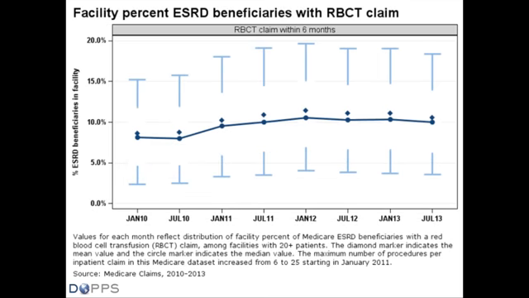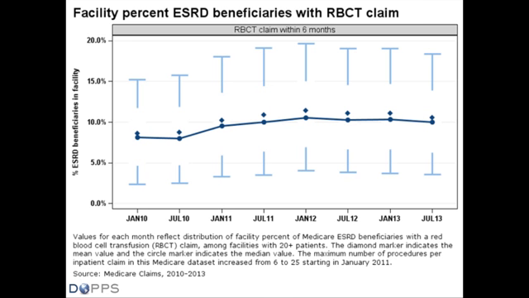At the facility level, again here, the circles connected by a line represent the median facility, corresponding to 50% of facilities having values above or below this number. In January 2010, 8.6% of patients in the mean facility had a transfusion in the next 6 months, and that has increased to 10.5% by July 2013.